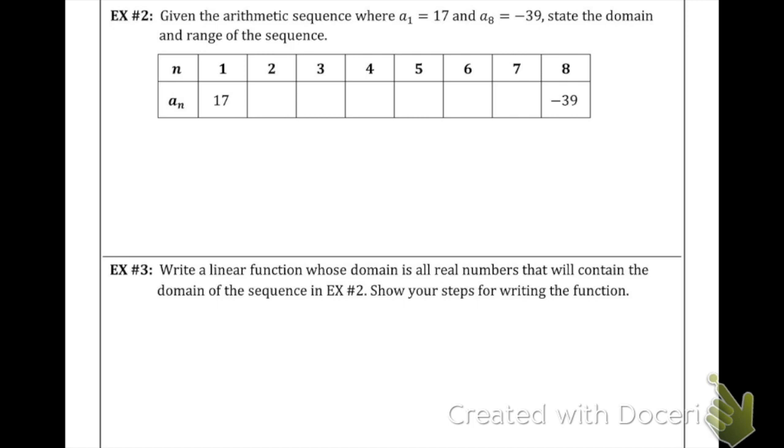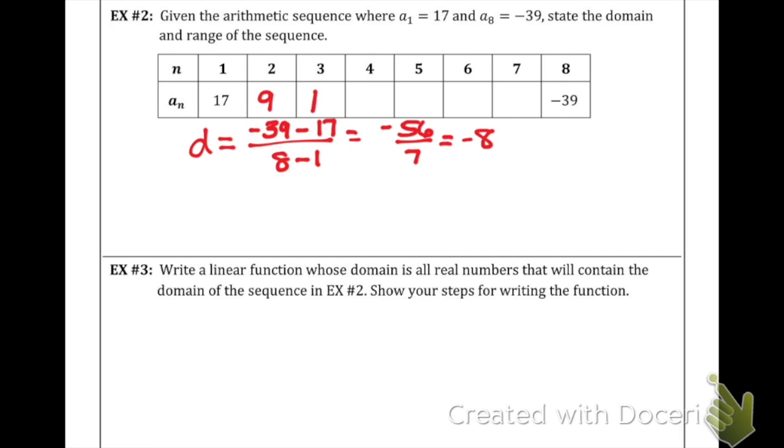So all we need to do to find the common difference is to find the slope, right? To find the slope of those two terms, do our outputs minus each other. So (-39 minus 17) over (8 minus 1) gets me -56 over 7, which tells me my common difference is -8.